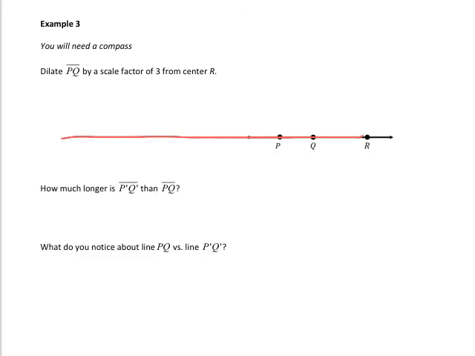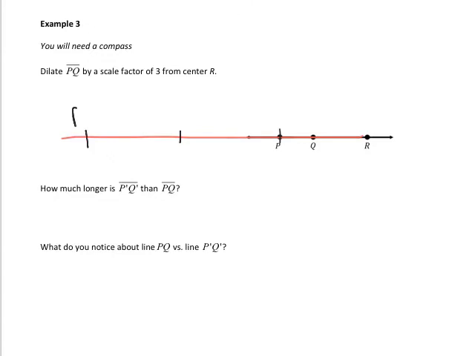And then I need to mark off the length RP and mark it off 2 more times to scale it by a factor of 3. So if I put an arc mark at P, again, you're using a compass, center at R, measuring out to P, and then you're going to come over, and I just have to kind of eyeball it and mark off that same distance 3 times.